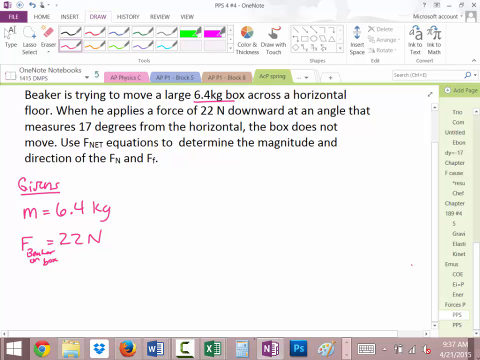Does the force of Beaker on box need a vector hat? Probably it does. And that vector hat indicates that it's got magnitude and direction. And do we know the direction? Down. Yeah, so maybe let's write that down too. So we're going to say at 17 degrees below the horizontal.